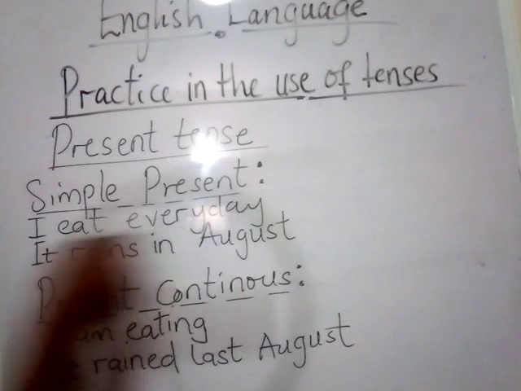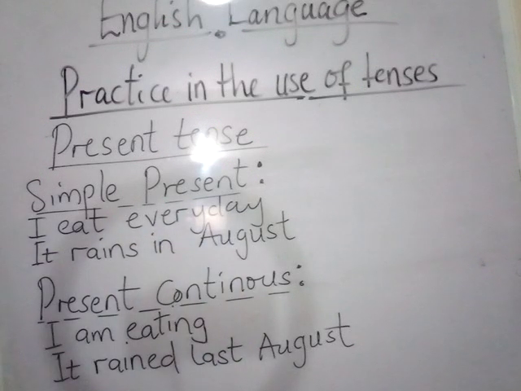So this one is simple present, and it's under present tense. Another example could be every day I go to school. My friend laughs a lot. That means that friend has the habit of laughing a lot. There are different examples. That's for simple present.